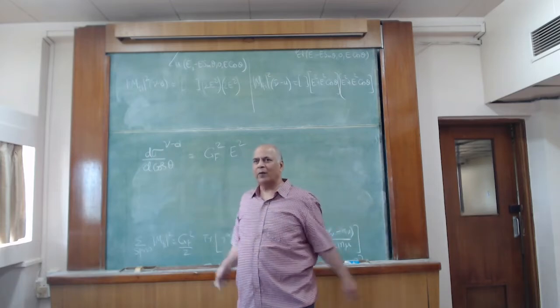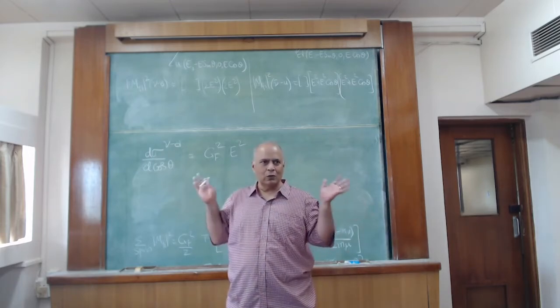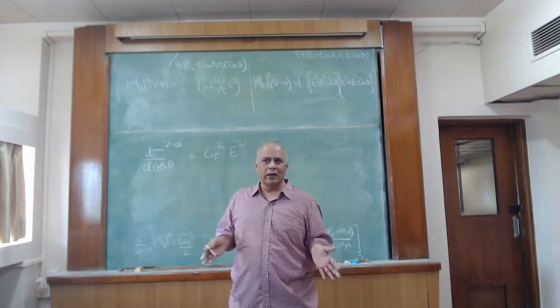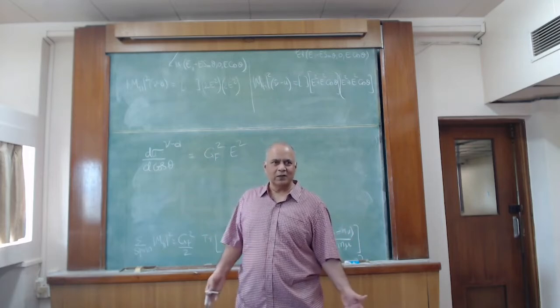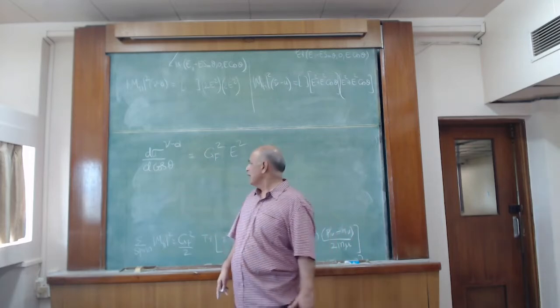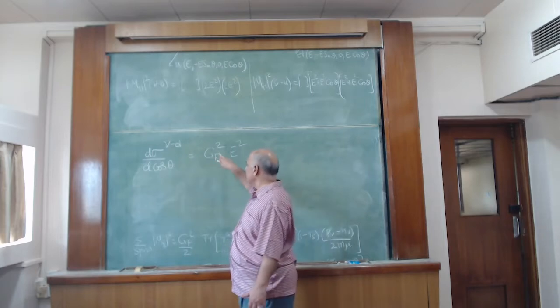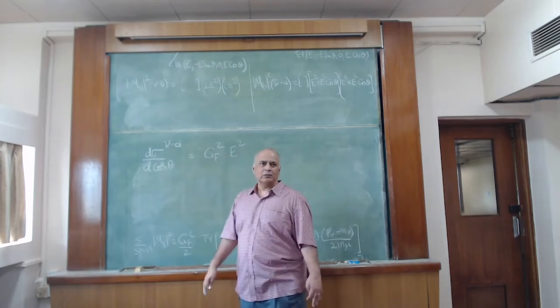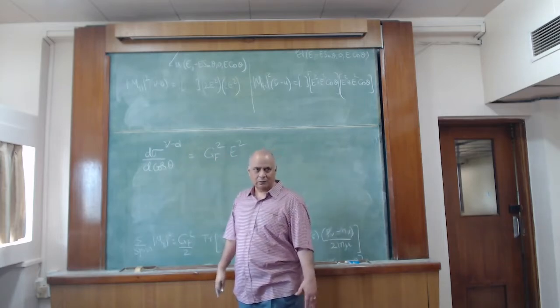I'm taking all my particles to be massless, so the only quantity is energy of the neutrino. So by dimensional argument, I can say that this cross section must go like G_F square E square.